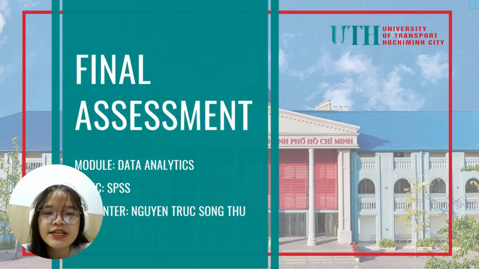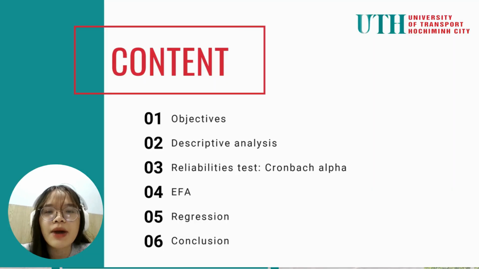In this presentation, I will use SPSS to examine the factors associated with customer satisfaction at Footlong. So my presentation will consist of six main parts. First, I will introduce the research objective and the research data. Second, I will present the descriptive analysis.